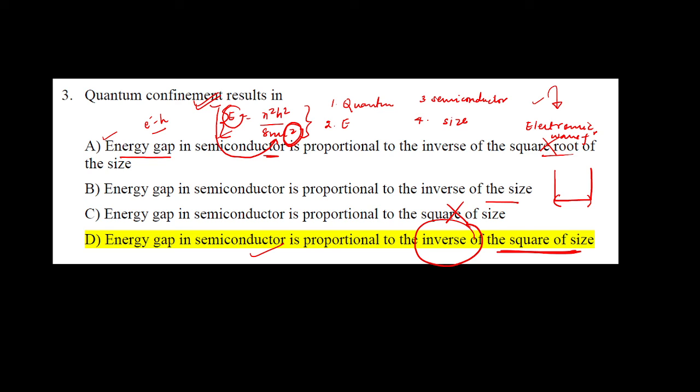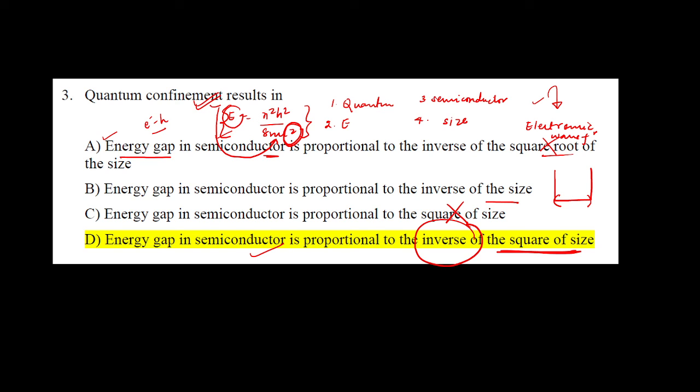See, in TIFR examinations, most of the questions are conceptual. Now over here, from the chemistry point of view, let's say I don't know the concept of quantum confinement. So how would I solve this question? This is the way I would use the keywords given in the question and arrive at the answer. We used quantum, energy term, semiconductor, size.